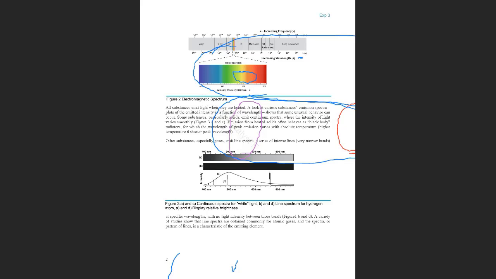So in part 1, you will analyze the spectra of different sources and determine if it's continuous or discrete. So the report consists of 3 parts. Part 1, just to analyze the spectra and determine if it's continuous or discrete. Part 2, we will look at a fluorescent light and will record the wavelength of the first 5 peaks.